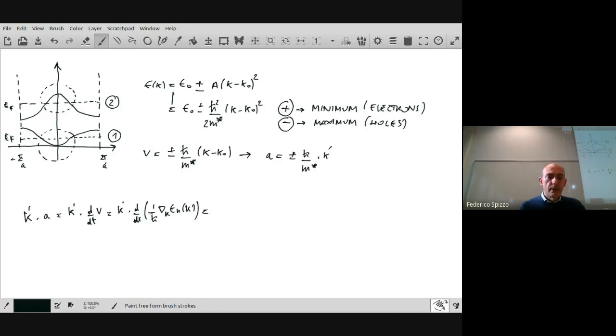Just to write the scalar product in terms of the product of the corresponding components of the two vectors, I make a summation over i. I have the i component of the derivative of the wave vector. Then what happens when I make the time derivative of the gradient? The energy in itself does not depend on time. The time dependence is just through the wave vector.